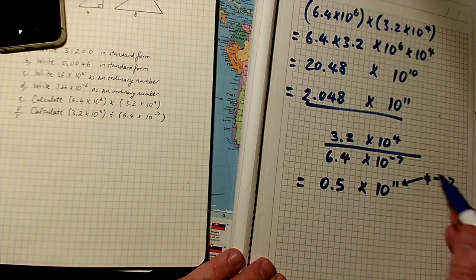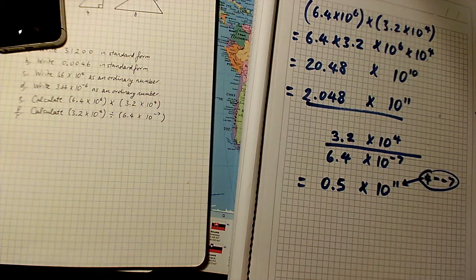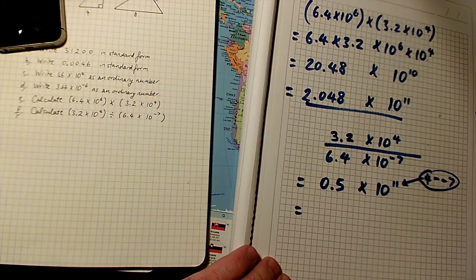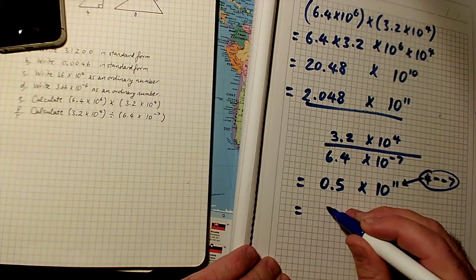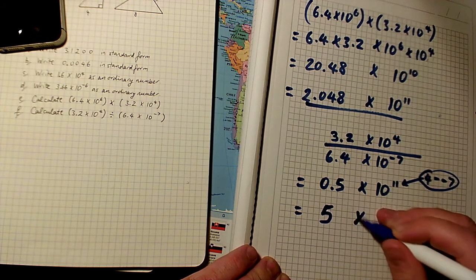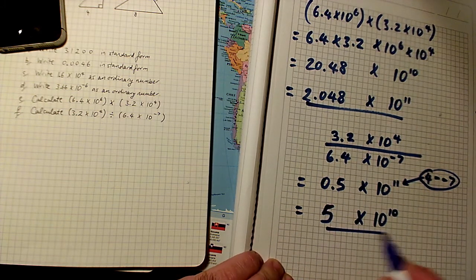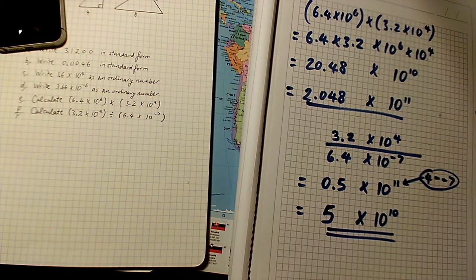So 4 minus minus 7 makes it 10 to the power of 11. So we've got an answer of 0.5 times 10 to the power of 11, but that's not in standard form. So we need to make the 0.5 10 times bigger, make it 5, but then make the other bit 10 times smaller, so make it just 10 to the power of 10, and the final answer is 5 times 10 to the power of 10, and that is in standard form.